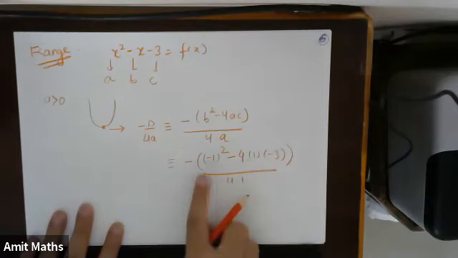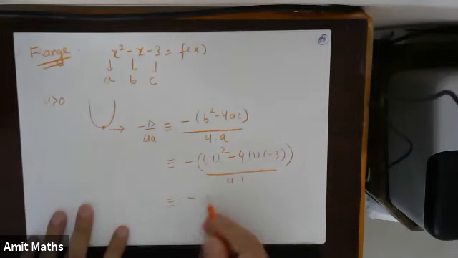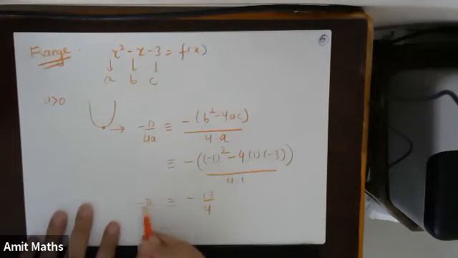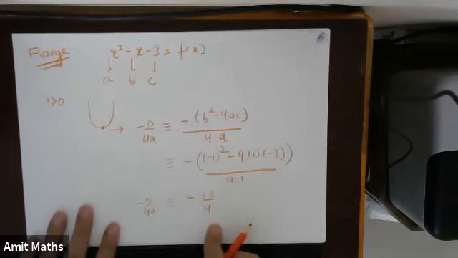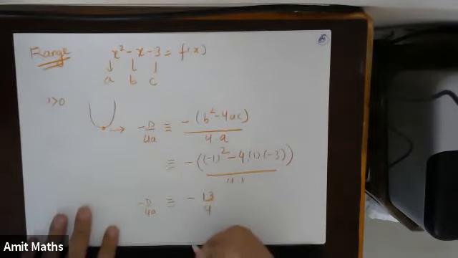So minus D by 4A is coming out to be minus of 13 by 4.